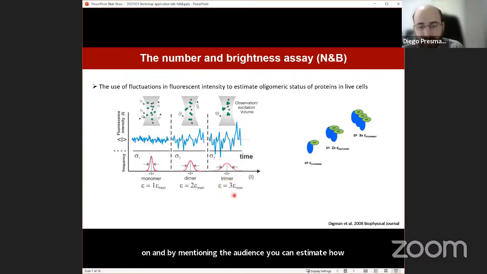So you can estimate the oligomerization by measuring the brightness. If you have one molecule with one GFP tag, you're going to have a certain amount of brightness, and the higher the oligomerization state, for example, a dimer will have twice the amount of brightness as the case before, and so on.